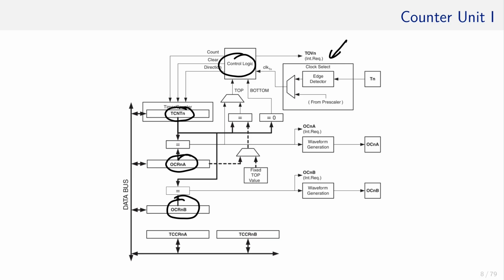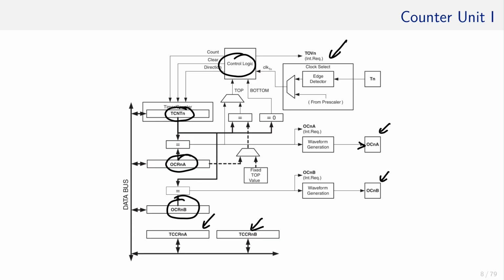And at the bottom of the diagram we have TCCRnA and TCCRnB, which are the configuration registers for this particular timer. On the right we have some pins called OCnA and OCnB, so something that the timer generates can be exported to the outside world.